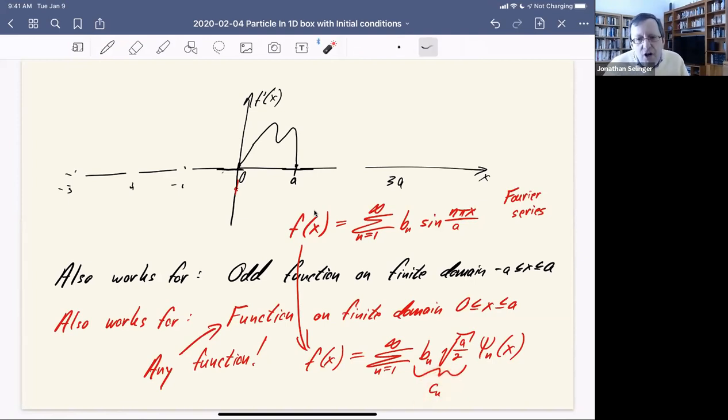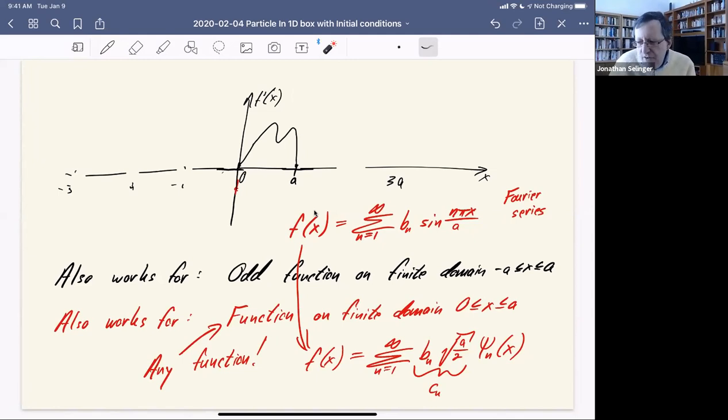If I use the idea of a Fourier series, I can take the problem with any arbitrary initial condition and change it to the problem where the initial condition is a sum of the special solutions, which was the lucky thing.